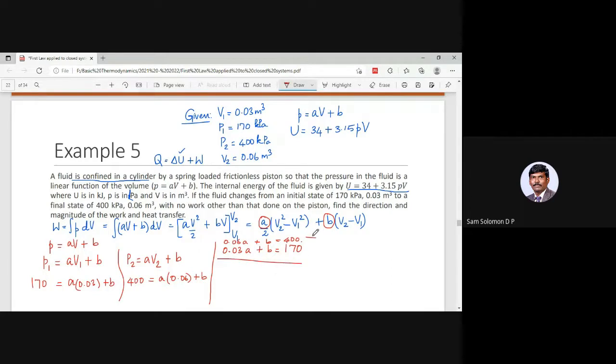Taking this as 1 and this as 2, 1 minus 2 would give me 0.03A equal to 230, and remember this is kilopascal. So A is 230 by 0.03 kilopascal.